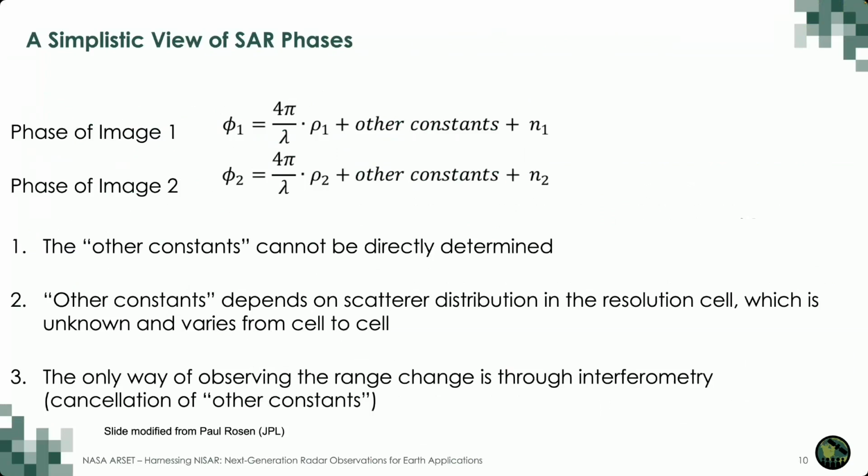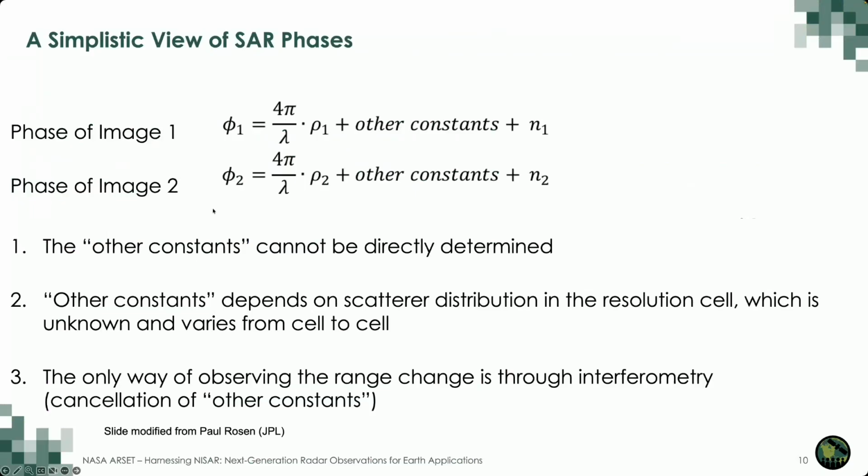We have a phase observation phi1, which is equal to 4 pi over the radar wavelength lambda times the range rho 1, plus other constants, which are the distribution of scatterers within the pixel, and then plus n1, which is noise, system noise.